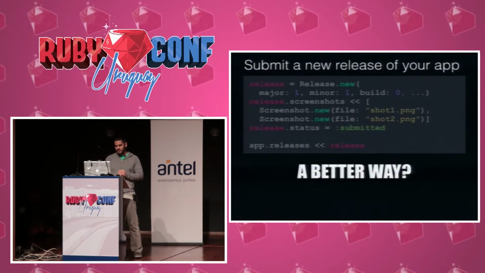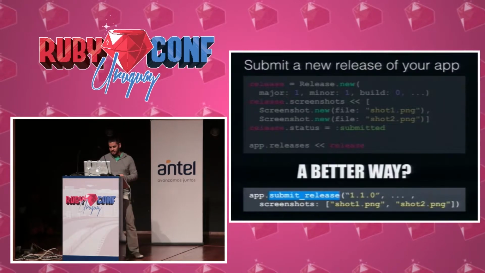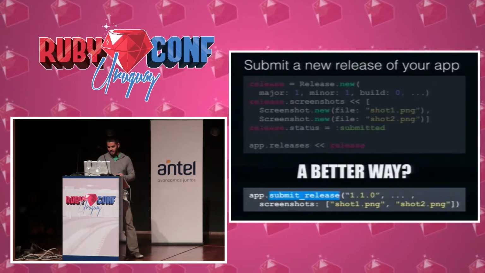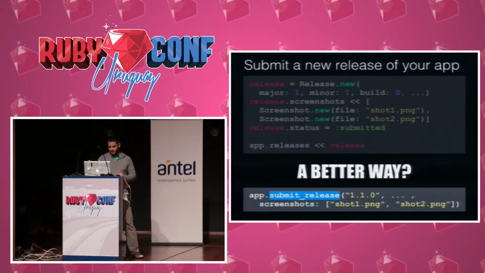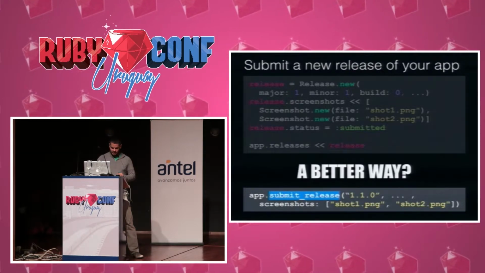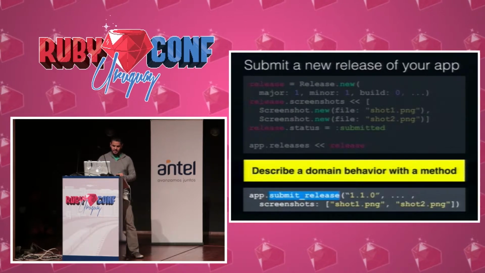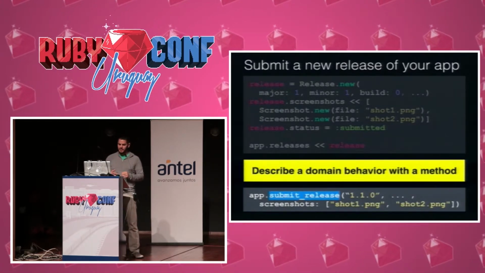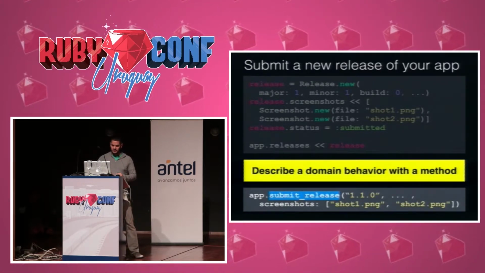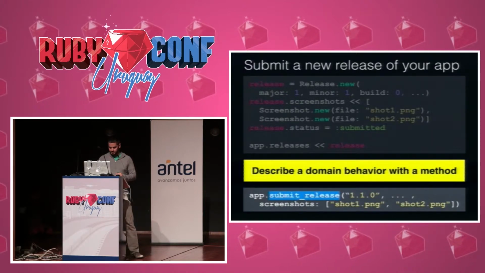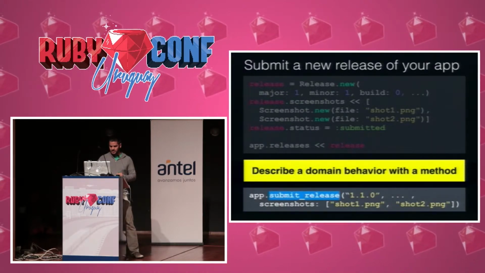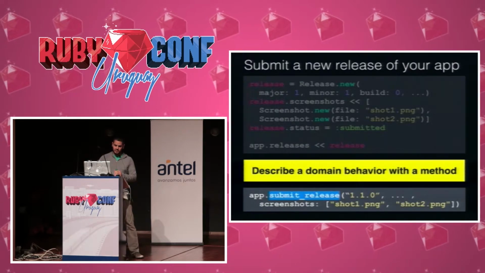So one example is we can take all of that logic and put it into a submit release method. If you notice, the version number is in a very familiar format. It's very terse versus what we had in the above example. And the screenshots are also more terse.